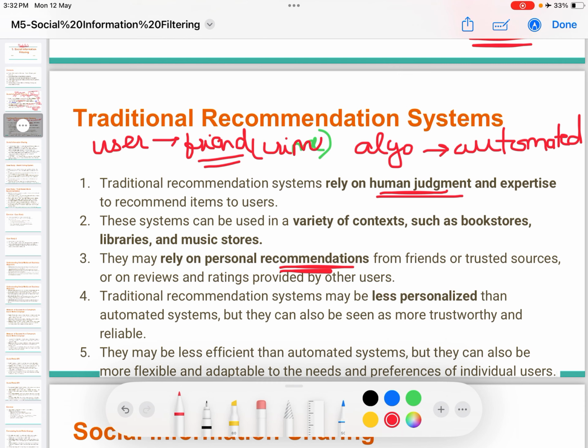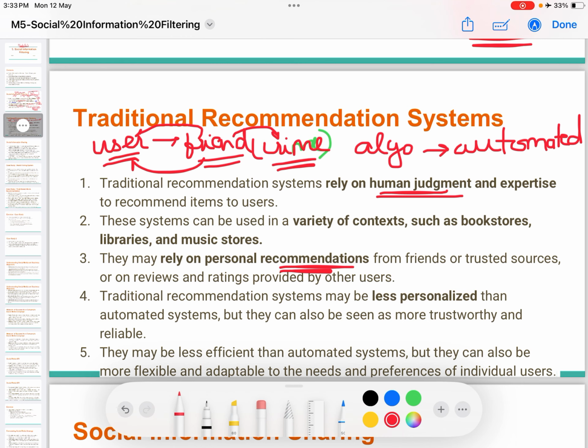They assume that maybe there are chances that because these two are friends, this user will also like this movie because the friend has liked this movie. So the system will recommend it to the user because the friend has liked the movie. So maybe the interest will be the same. Based on that, it will recommend. So it is based on personal recommendations. So this friend will recommend this movie to the user.